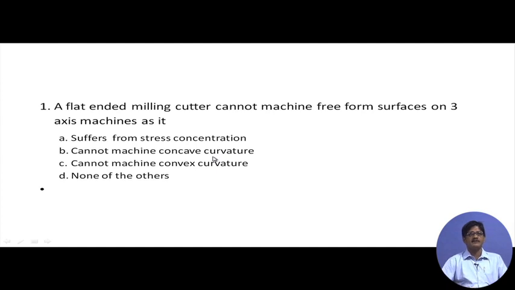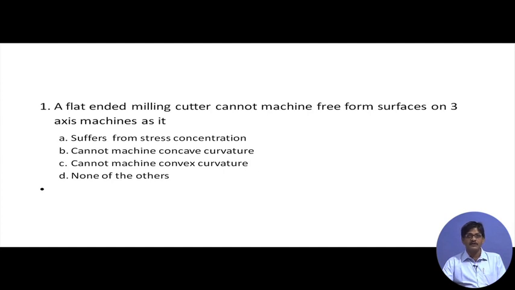A flat ended milling cutter cannot machine free form surfaces on 3-axis machines as it suffers from stress concentration. Perhaps what is suggested is that the flat ended milling cutter has a sharp edge at the very end of it, so that there can be stress concentration due to that sharp edge.